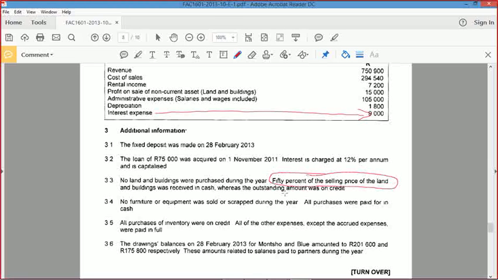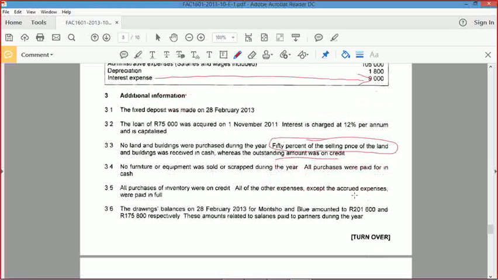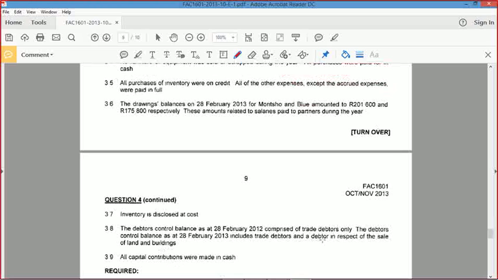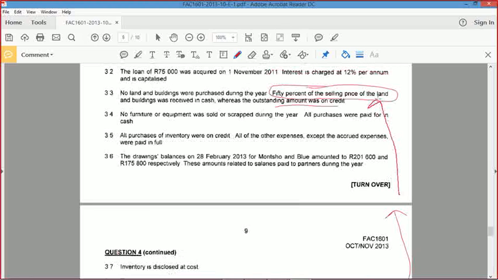We saw this earlier. 50% of the selling price of land and buildings was received in cash. Here, they said the debtors' closing balance includes trade debtors and the debtors in respect to the sale of land and buildings. So is that important? Yes, I need to consider what I read up here.